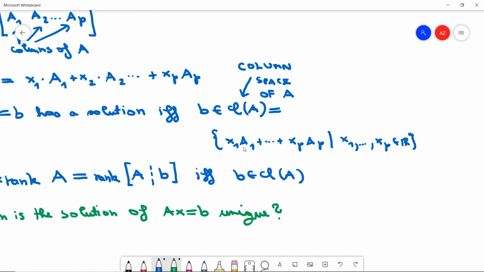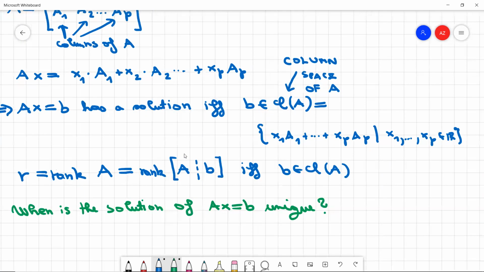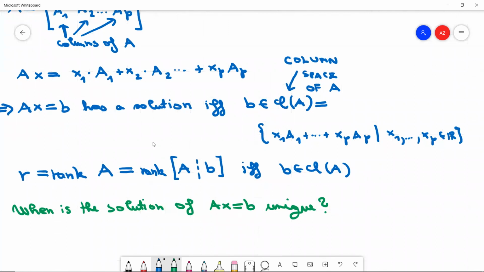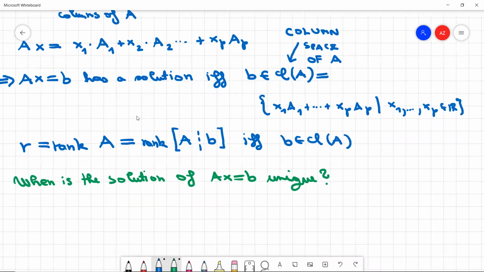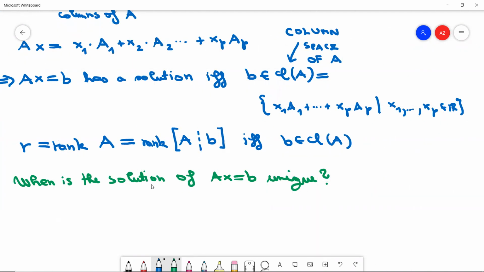Because if A is of rank R, and to express B we really need R columns, then we must have at least R of those x's. So in general, P has to be at least R for the solution to exist. But when can we say that the solution is unique? When it is exactly R. Yes, when R is exactly P.